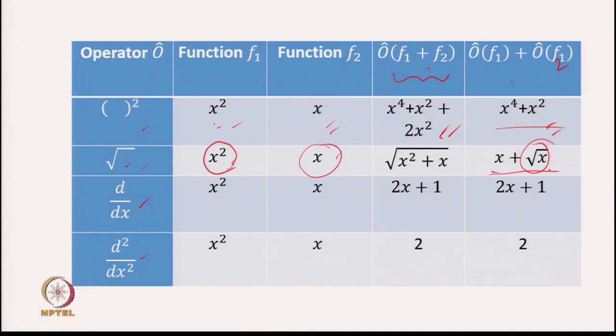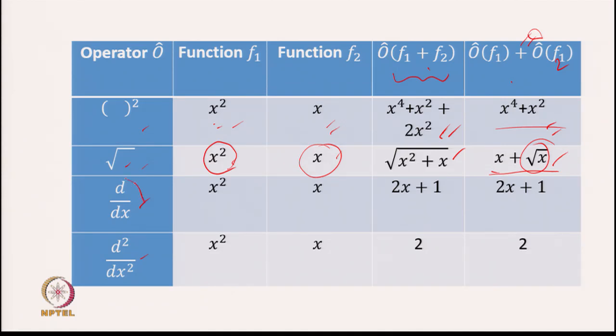So, x plus root x will be for the sum of these two operations. Okay. So, now you will see that the value of this is not equal to the value of this. And what that means is, your operator square root is not a linear operator.